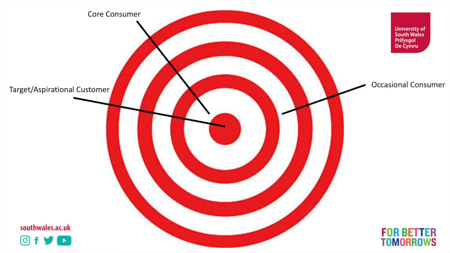And then going on from that might be our occasional consumer, so the person who might sit mostly maybe 50% with their demographic, but not 100% there. So if we are looking at percentages, our aspirational customers are 100%, our core might be 75%, and our occasional might be 50%. But obviously there's a lot more of those people than there are of our aspirational figure.